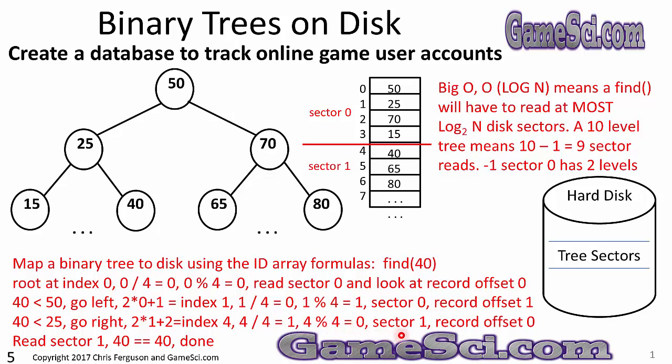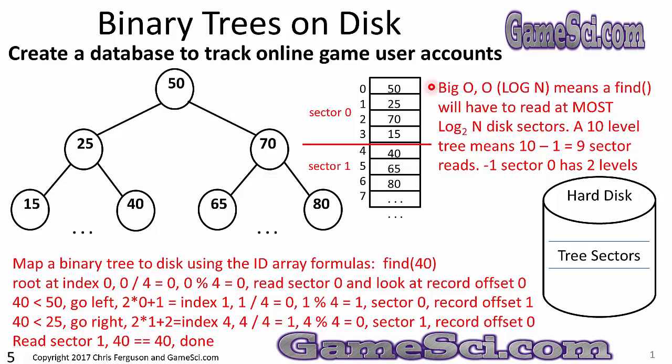So in sector 1, record offset 0, we will find the right child of 25. We read sector 1 into RAM memory. We look at record offset 0, and we find our 40. After reading sector 1 and looking at record 0, 40 matches 40, we're done with our search.